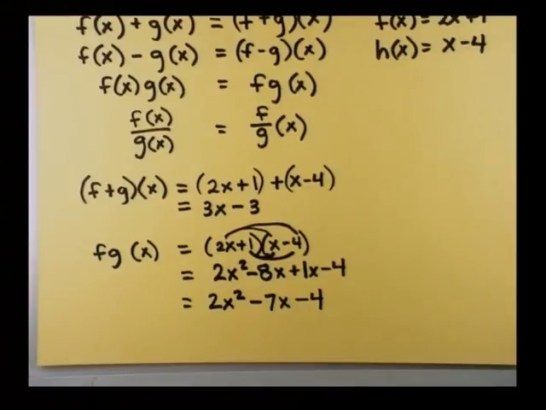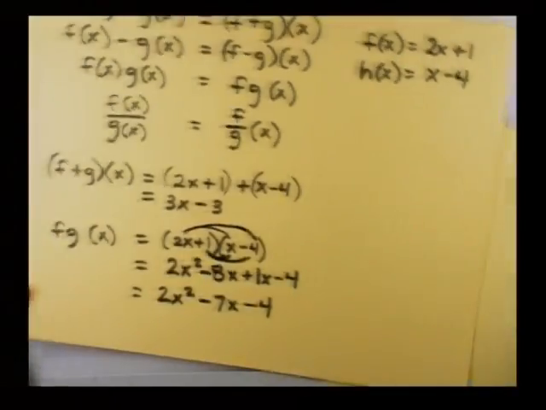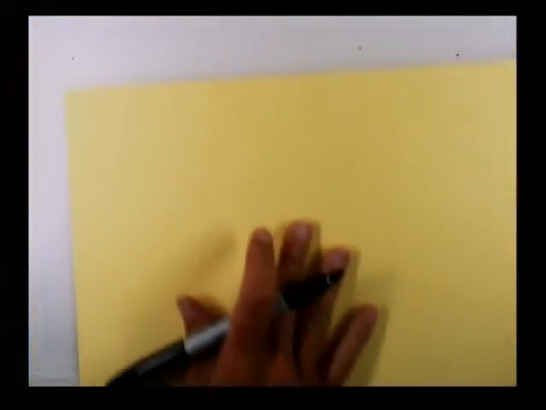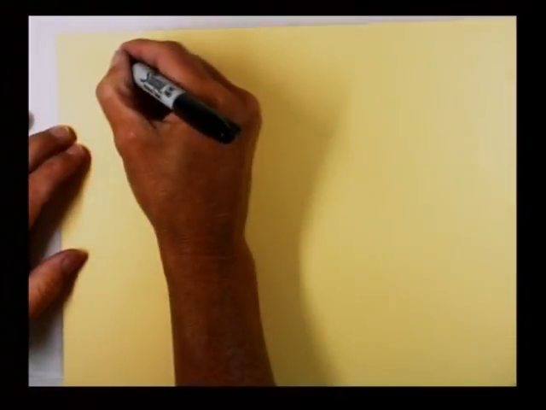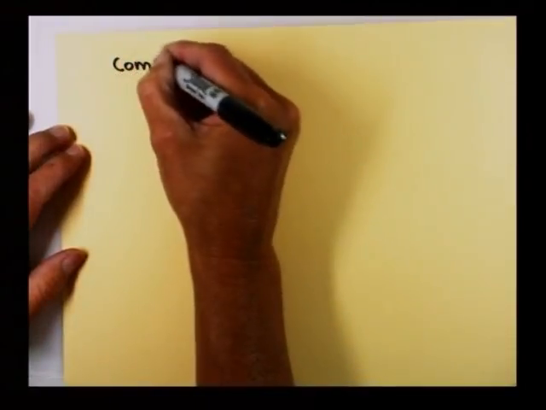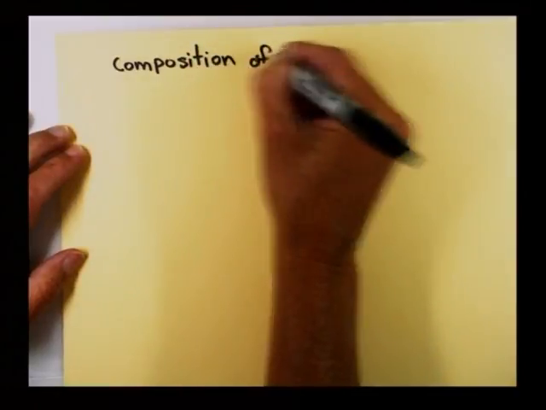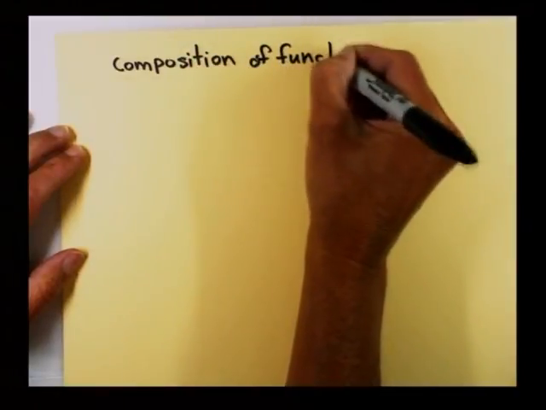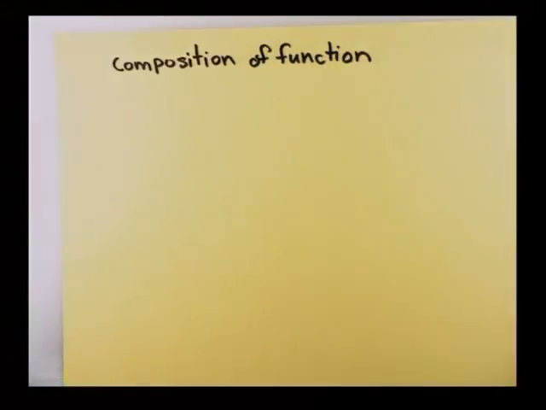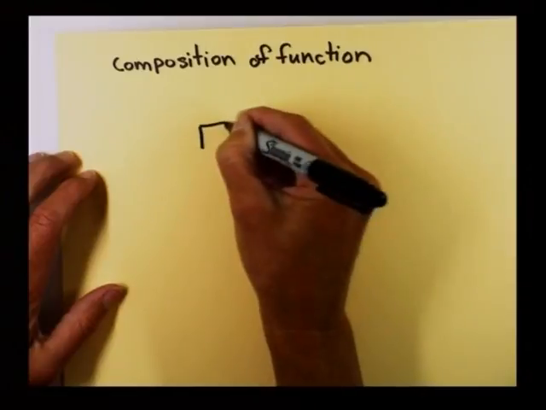Now we're going to move on to something called composition of functions, which is a little bit different. Composition. We're still working with two machines, so I'm going to go ahead and draw those two machines again for us.